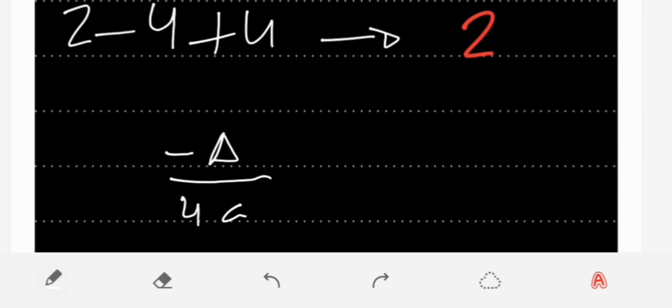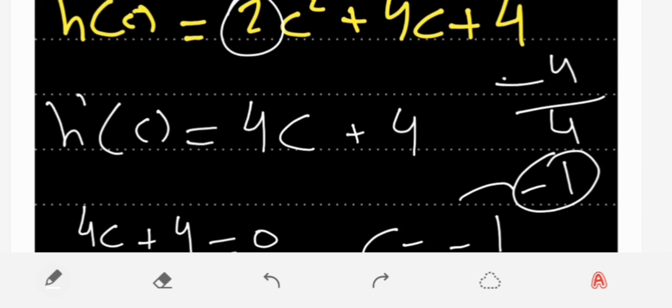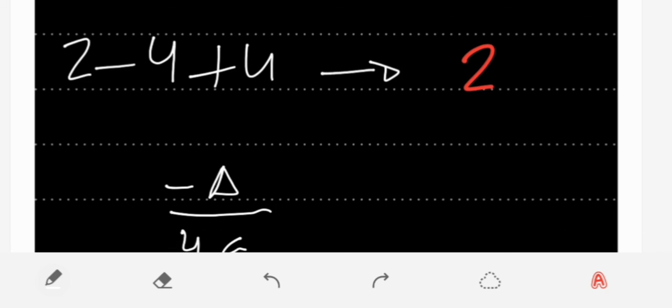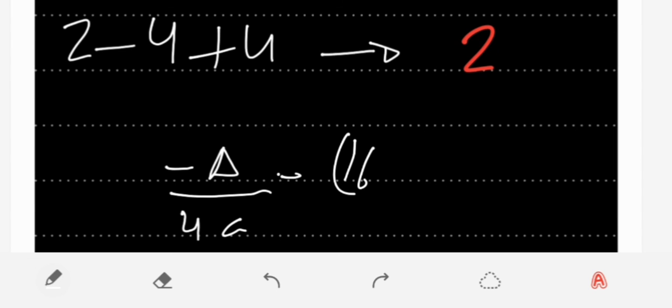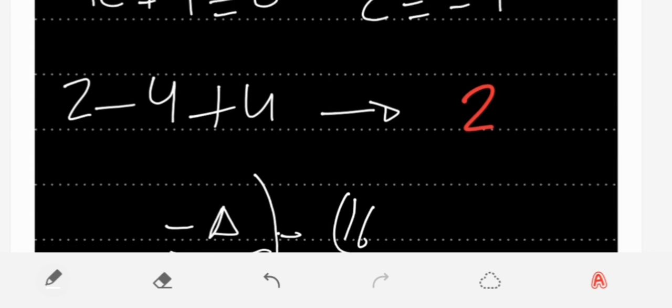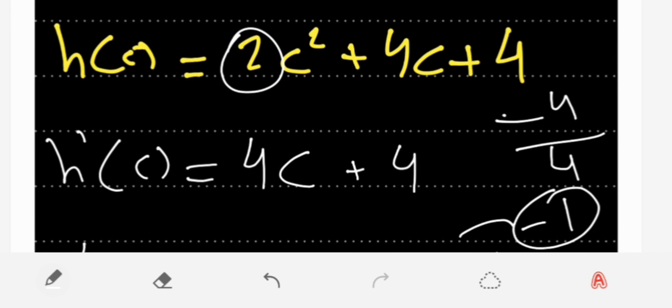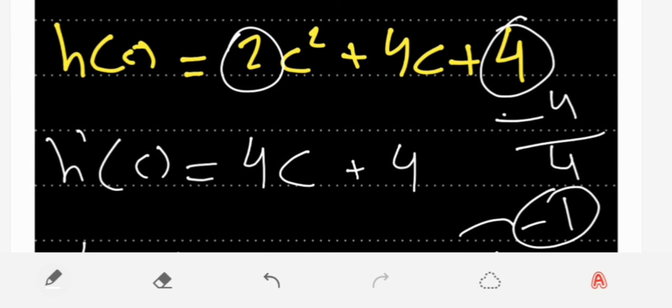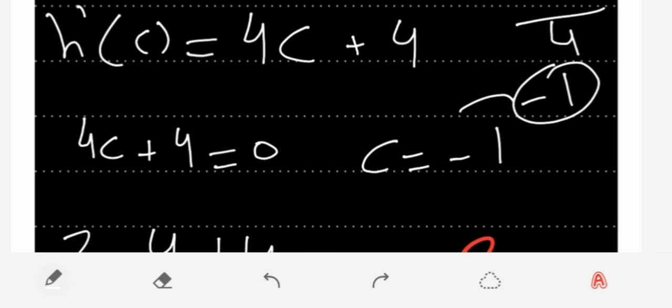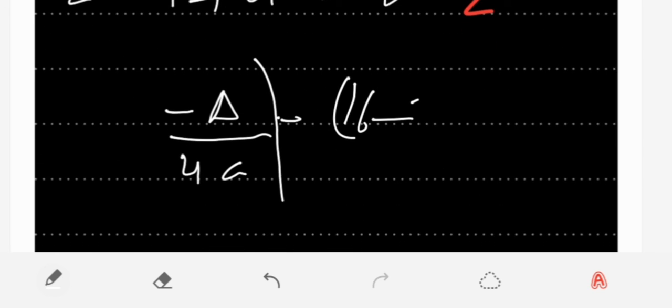But let's try this. Minus delta. What would be delta? Well, 4 squared, 16, minus 4 multiplied by 2 multiplied by 4, which is 8 multiplied by 4, 32. So 16 minus 32 is minus 16.